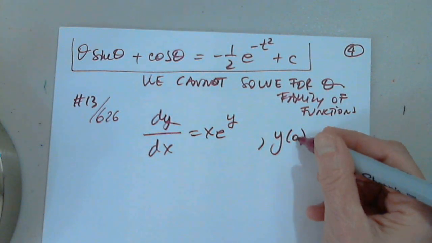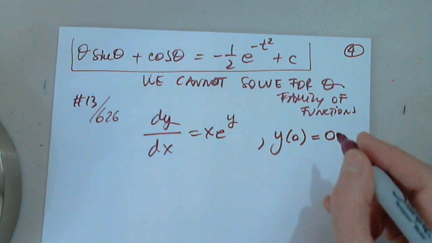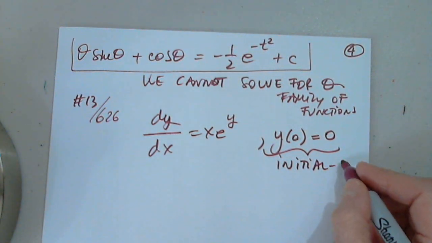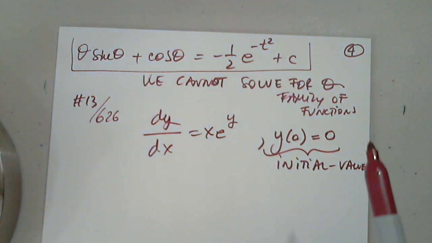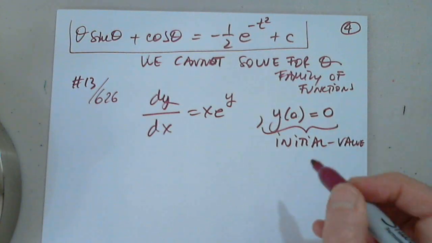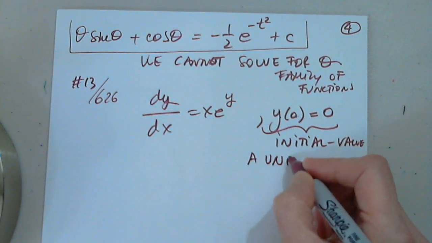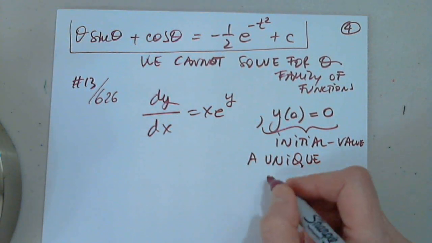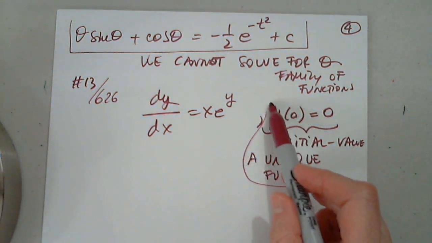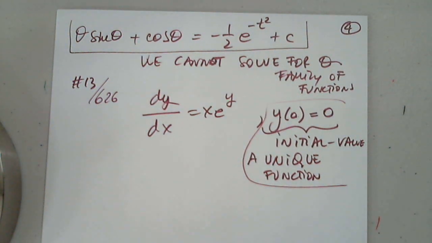When x is 0, y of 0 is 0. This is called initial value. We are no longer determining a family of functions. With the initial value, we will determine a unique function. So when we are given an initial value, we will determine one function, not a family of functions. Okay, good.